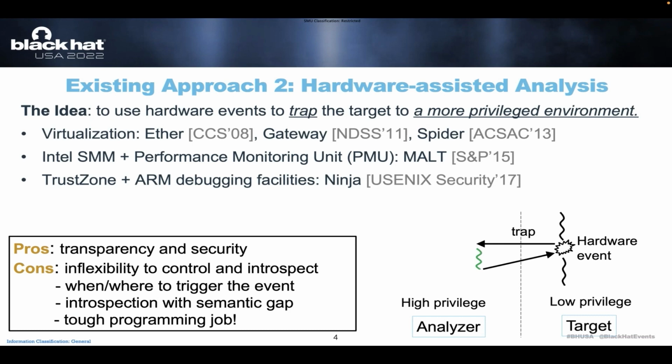Nonetheless, there are drawbacks. Since your analyzer is outside, you lose this flexibility and native access to the kernel. There are several issues. One is when and where to trigger this event. This is entirely at the mercy of the hardware. You don't have the entire control.